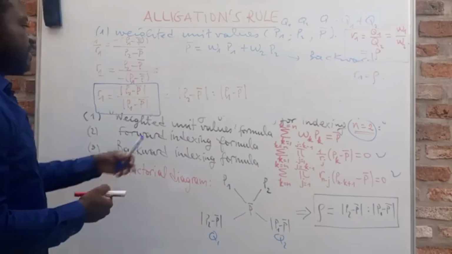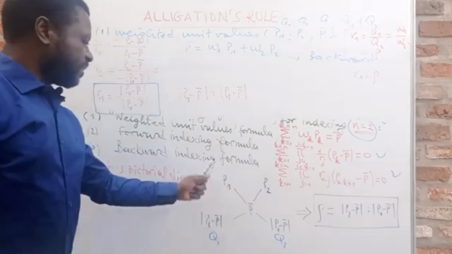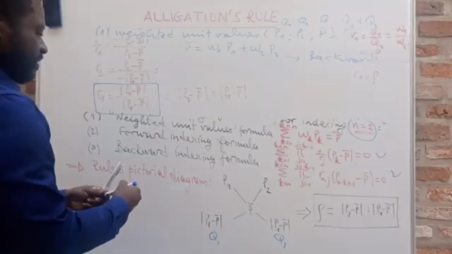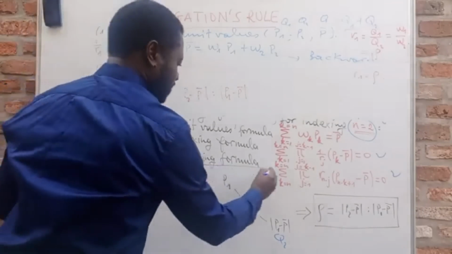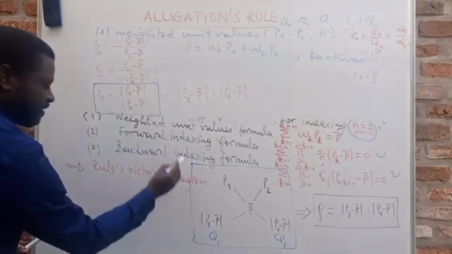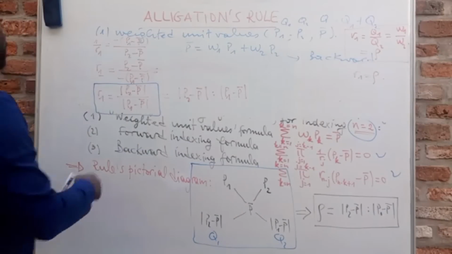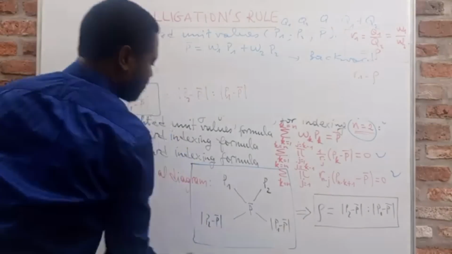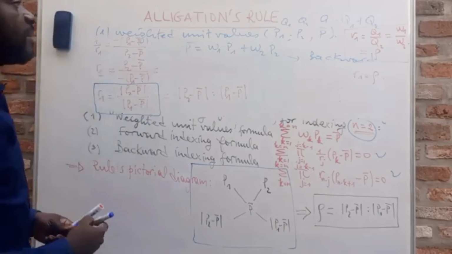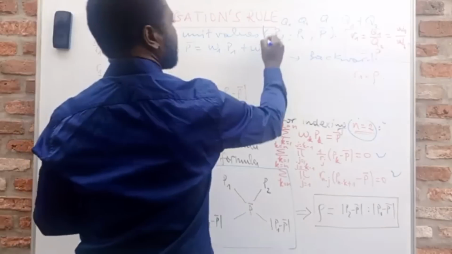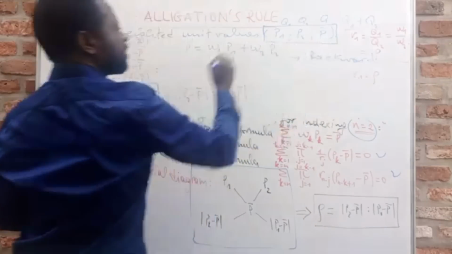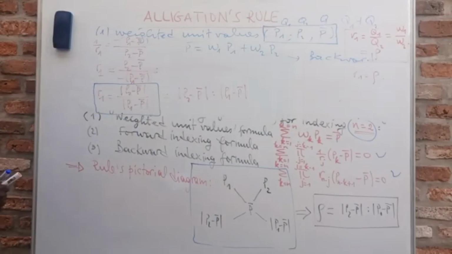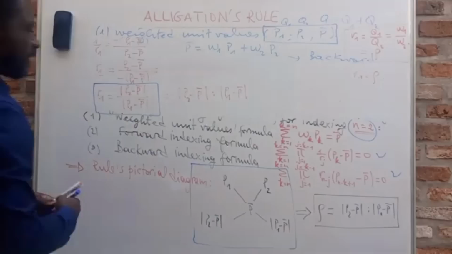And in the picture, it is represented by this equation in this diagram over here. Normally these are not indicated in the diagram because the data given are only p sub 1, p sub 2, and p bar.